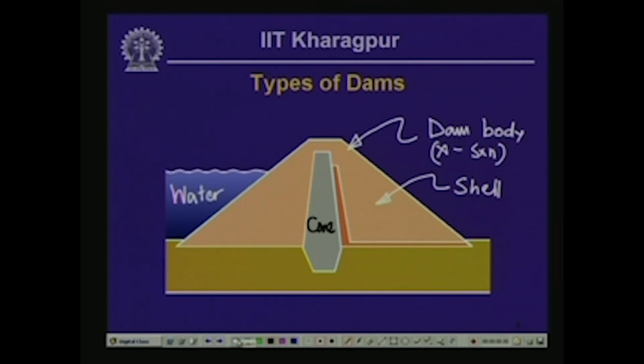And what you also see on the downstream face of the core, we have got another feature, and this particular thing here is made of drain rock, which is free flowing.